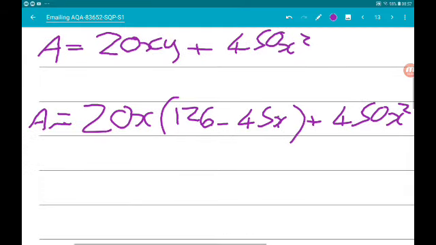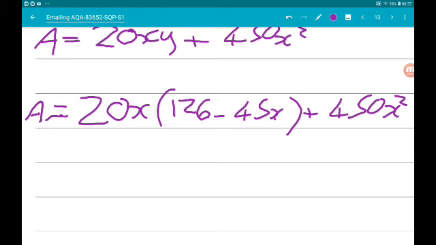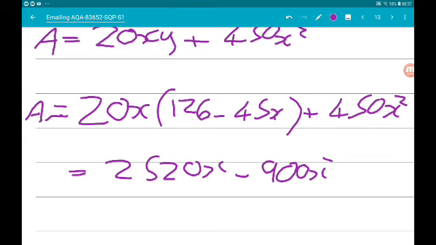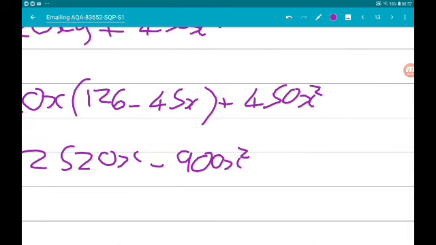So 20x times 126 is 2520x. 20x times minus 45x is going to give us minus 900x squared, and then we got that plus 450x squared.